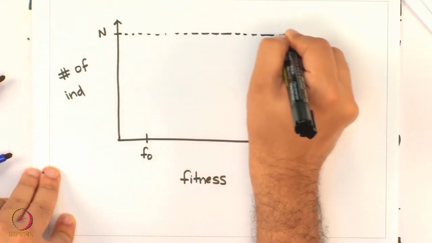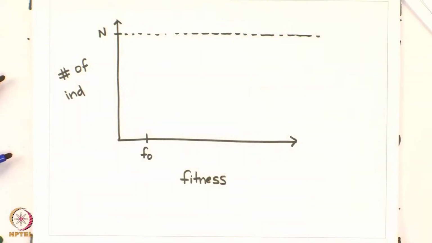What this means is that at t equal to 0, when I start the experiment, I am starting with a genetically identical population, which means all cells are carrying the same genetic material and hence have the same fitness F naught associated with them. So, in this representation at t equal to 0, all the cells in the population are present at fitness equal to F naught.